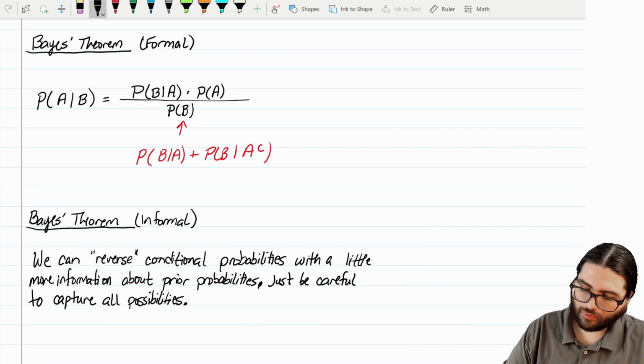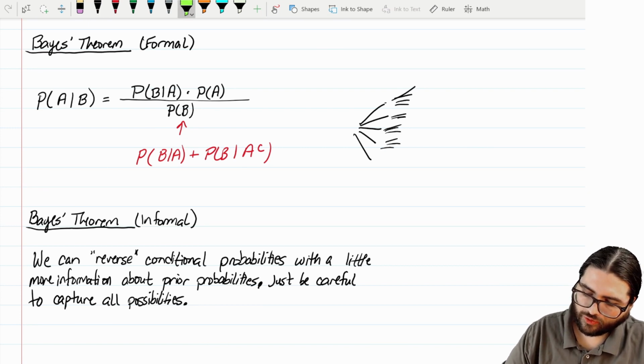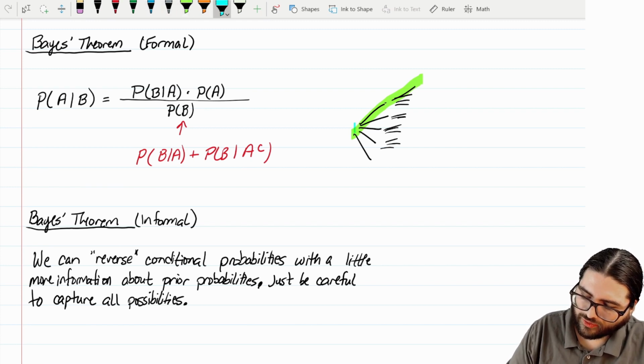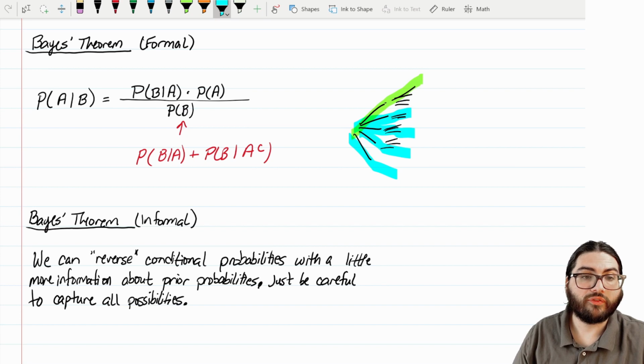You might be able to imagine a tree which has many different possibilities, and you would have to snake through them and say, okay, this is the one I want, but there's other ways to get to that B probability. You would have to find all of them in the table. There might be many different ones on the bottom of that fraction.